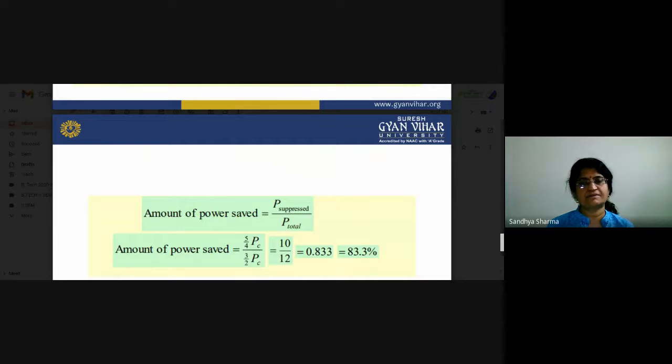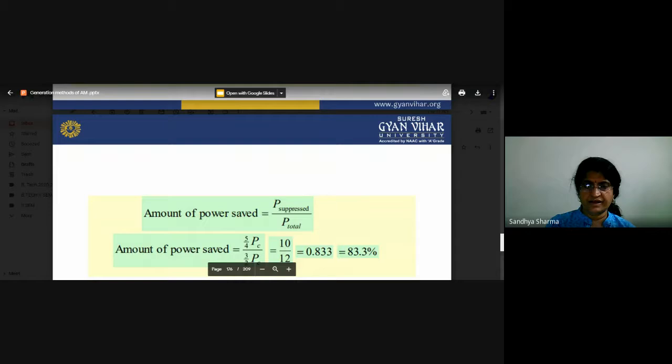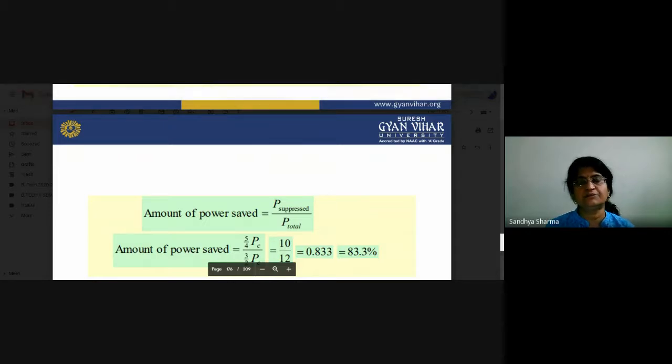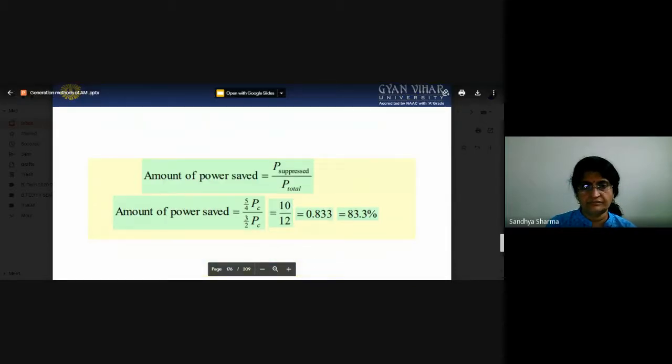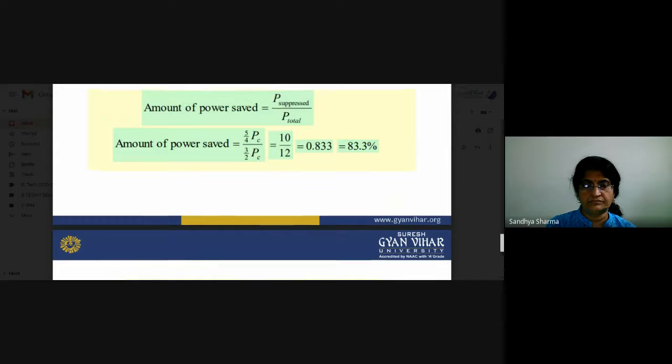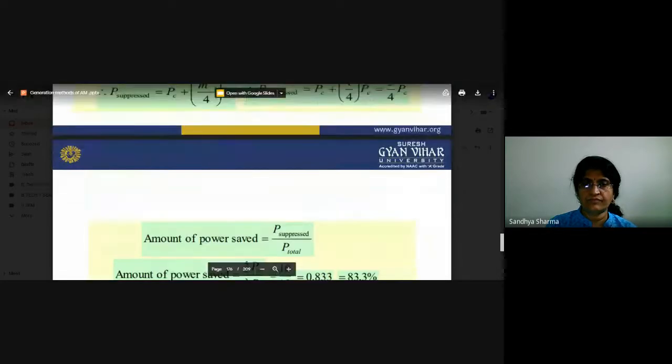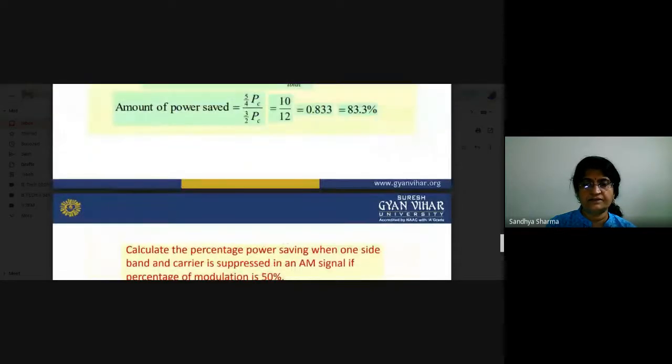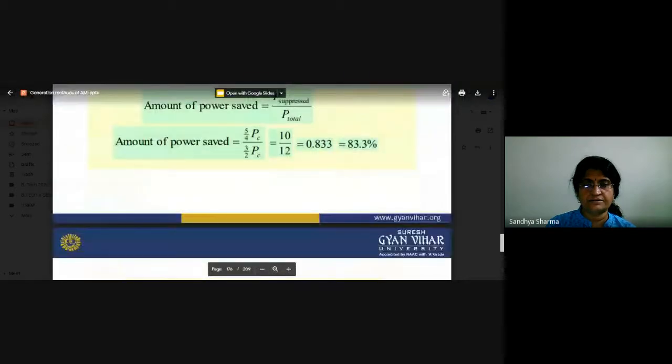So that is equal to this one. We will use the formula, and that is equal to 83.3%. So this is with modulation index 1. Now you can calculate this type of numerical.